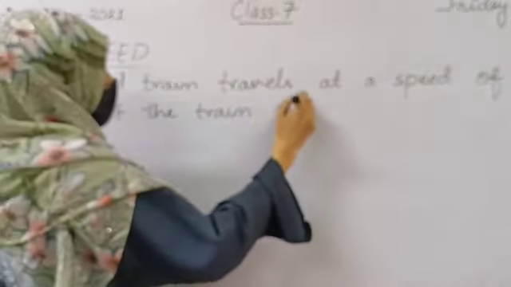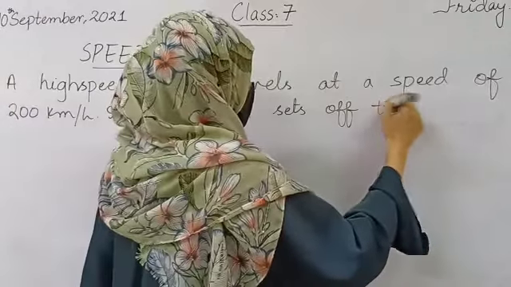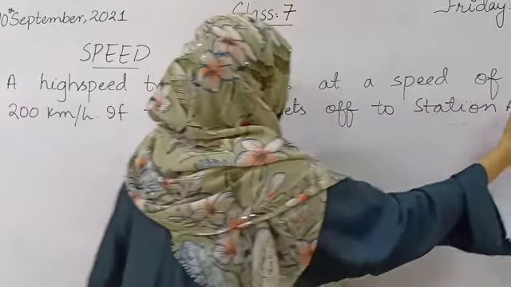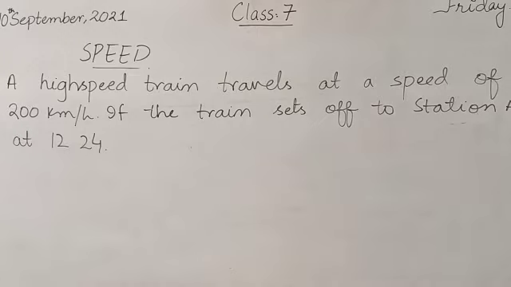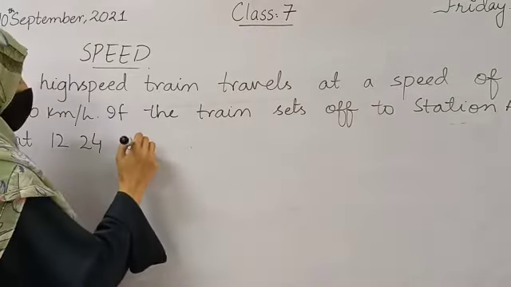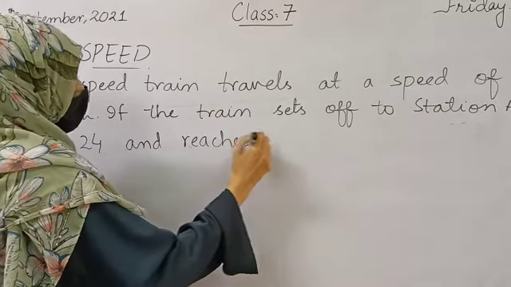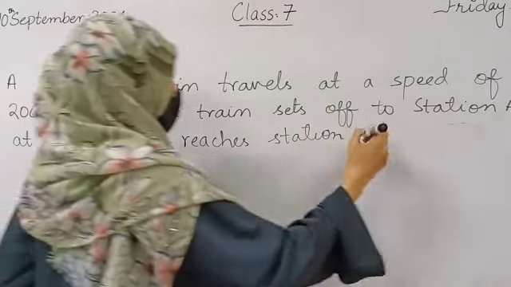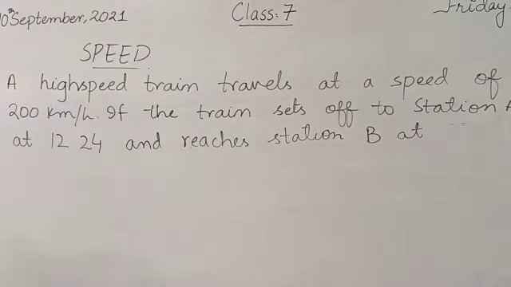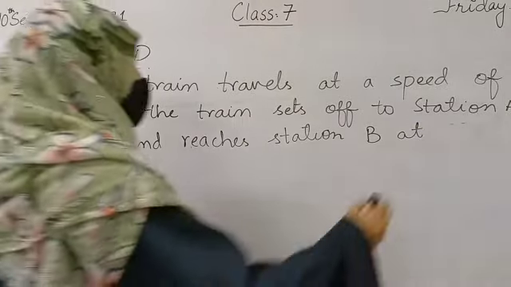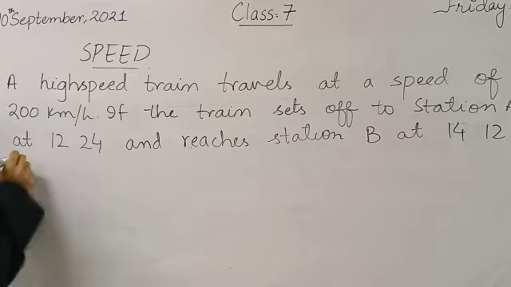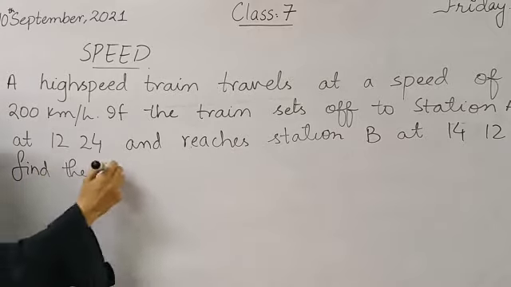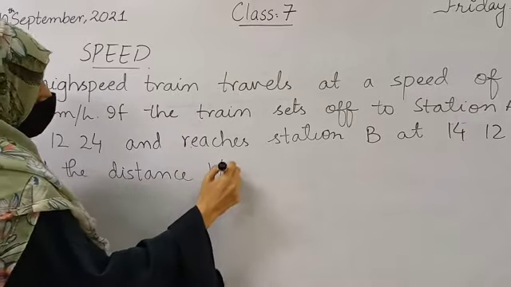If the train sets off to station A at 12:24, and reaches station B at 14:12, find the distance between these two stations.